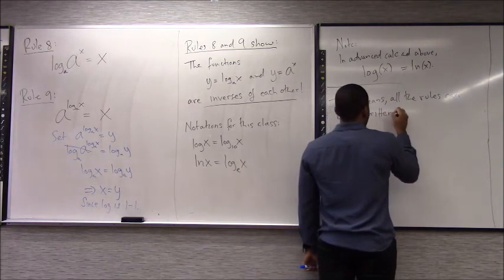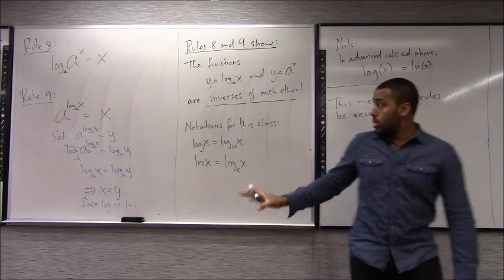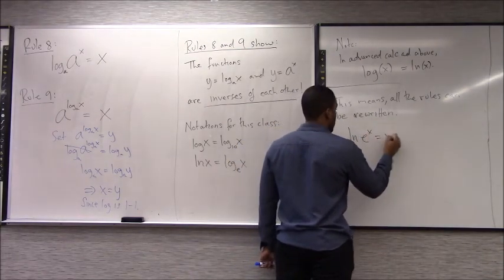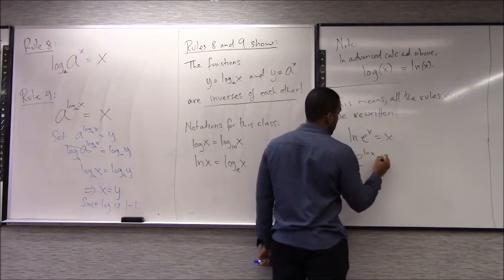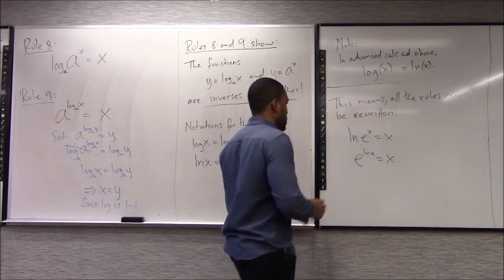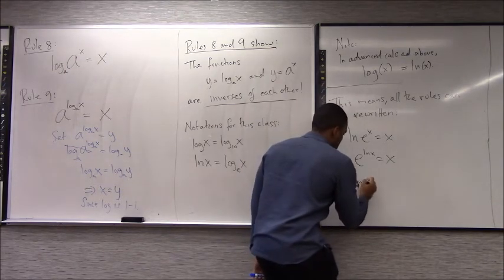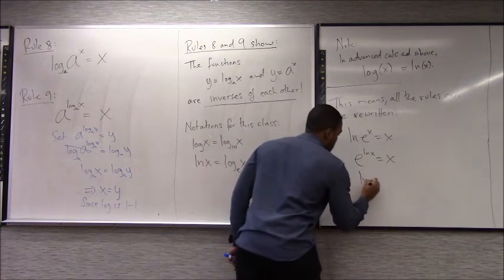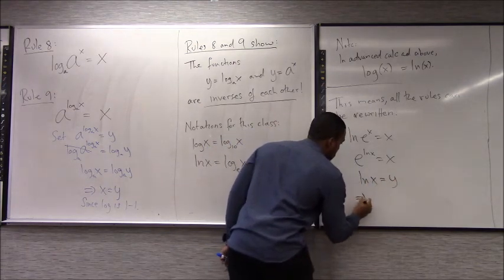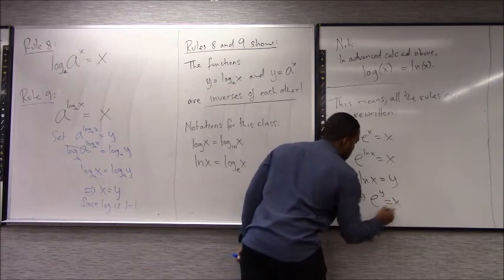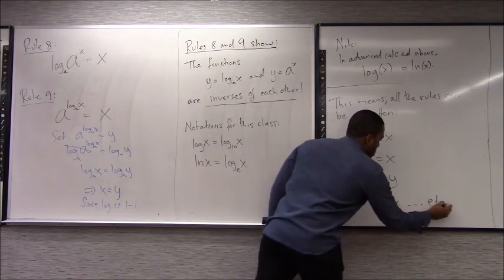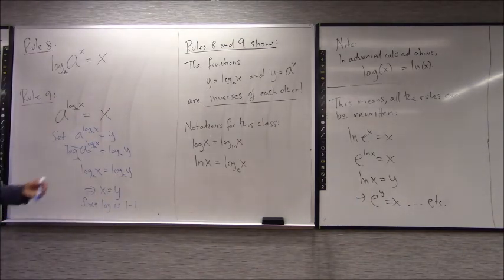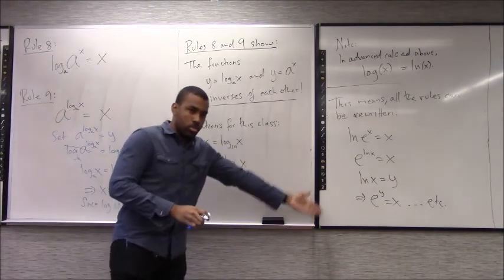All the previous rules I gave you can be rewritten to show things in terms of ln and e. So for example, I can say ln of e to the x is x, or e to the ln of x is x, or if ln of x equals y, it really means that e to the y equals x, etc. You can go back through all the rules I just mentioned, replace all the logs with ln's and all the bases with e, and the rules would remain intact.